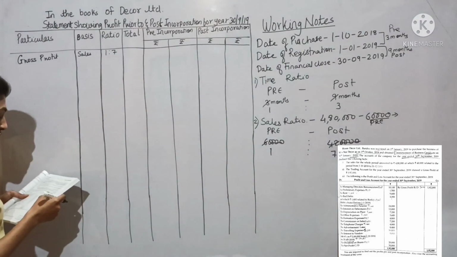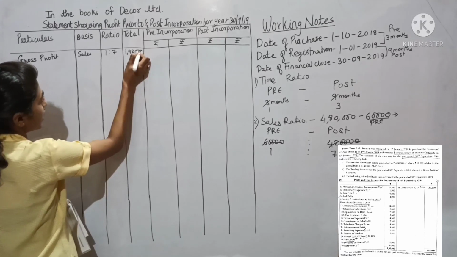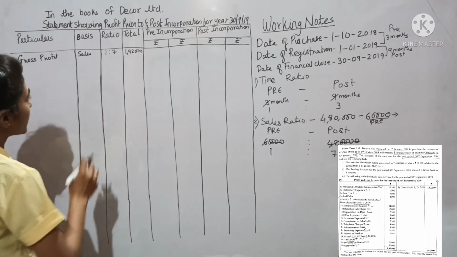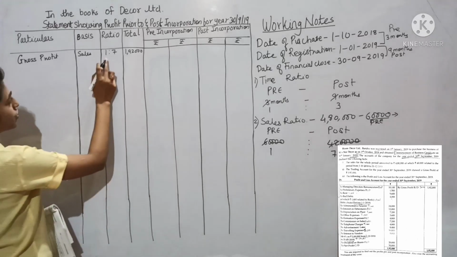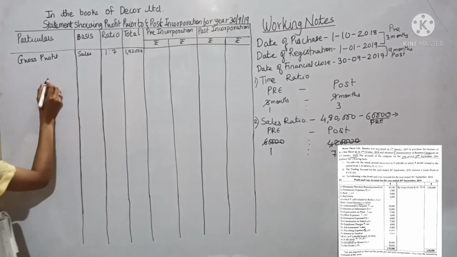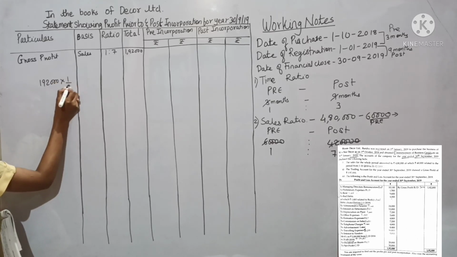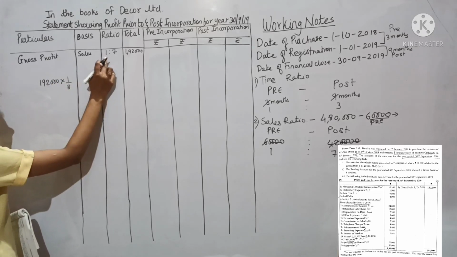Total of gross profit is 1,92,000. So this 1,92,000 you are going to distribute on the basis of 1:7. So on your calculator you type 1,92,000 multiply by 1 divided by 8. 8 means 1 plus 7.